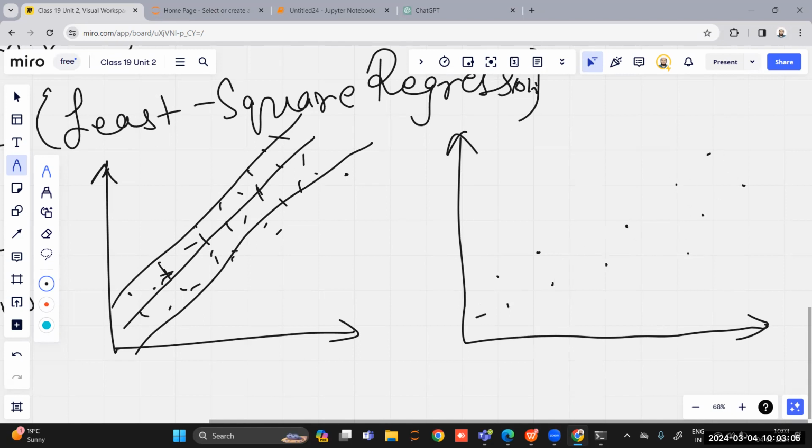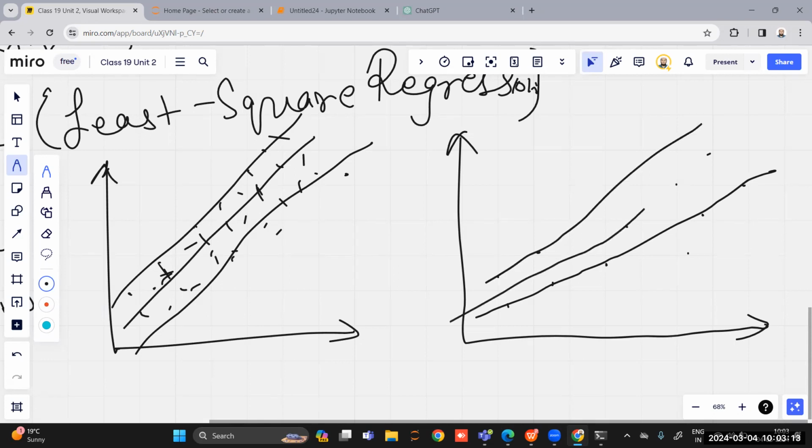Suppose I make the dot plots here. So what I'll do, the maximum points that come on the line, I'll make here. This is one line. This is another line. Then this is one another line. Which line has more dots on it? This one? Yes or no? So can I consider this line as regression? No. Why no? Because there are many points.